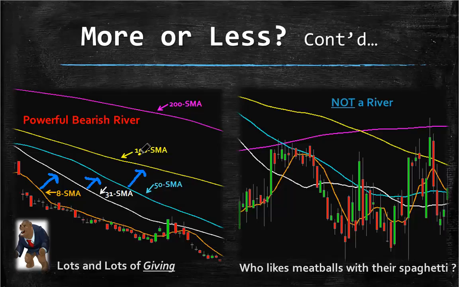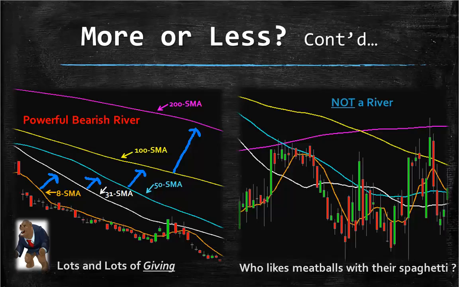It is in front of it. 100 is less than the 200, yet it is below it. It is in front of the 200. So now we have the exact opposite. What is this telling us? That there is lots and lots of selling in this chart. All the rivers are flowing downwards. It is just a very bearish environment.